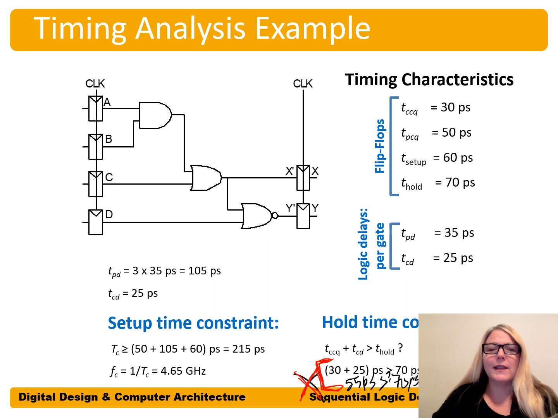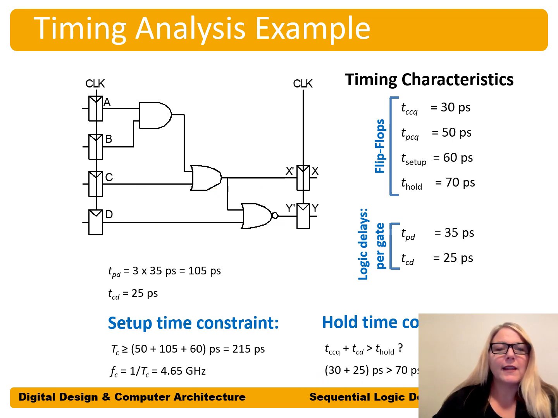And so we need to make the short paths through our circuit longer. They're not long enough. They could start changing before that hold time is met. So if we add a buffer to each of those short paths, now we would have 2 gate delays for our short path, either from C to X prime or D to Y prime, and we'd get 2 times 25 picoseconds.